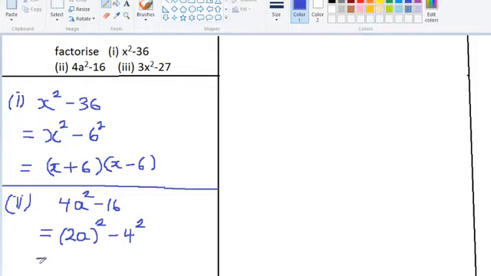We now set our brackets up. One bracket must have a plus sign and the other bracket must have a minus sign. So 2a will come here and there. We place our 2a in those positions.